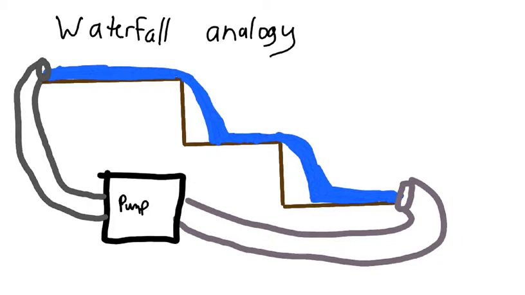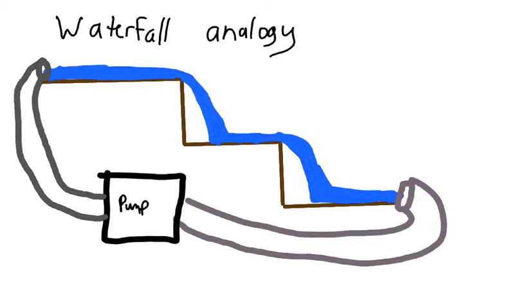The pump here is representing a battery. And what that pump does is it takes the water back up to a higher height. Now, if it goes to a higher height, it would have more gravitational potential energy.